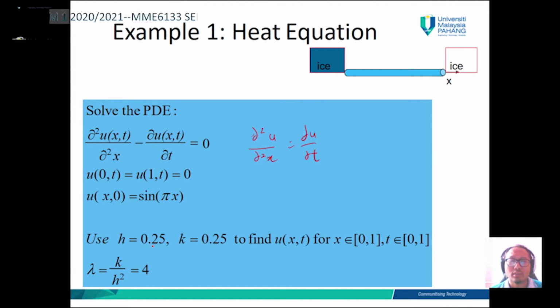We use the value of h equal to 0.25, the interval in space. Remember h is for delta x, and k for delta t is 0.25 also, to find u(x, t) for x from 0 to 1 and t from 0 to 1. So we get lambda equal to k over h squared, which should be equal to 4.